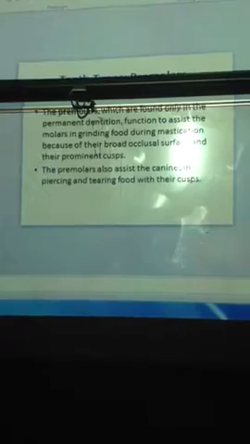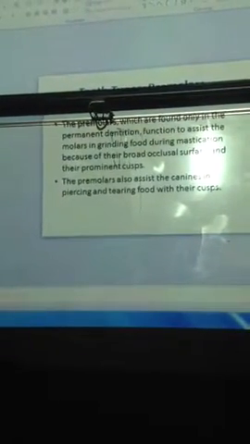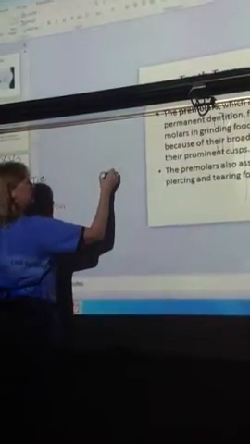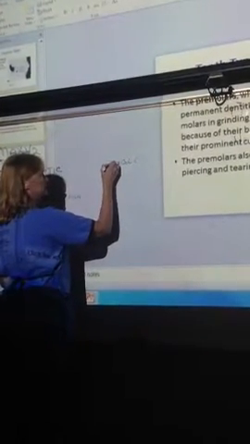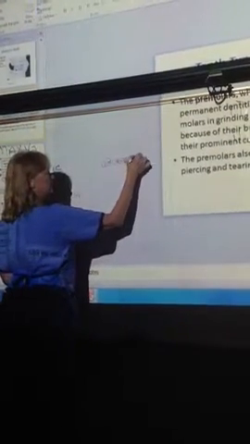So in the primary dentition, you have a central, a lateral, a canine, a first molar, and a second molar. So the premolars replace both.